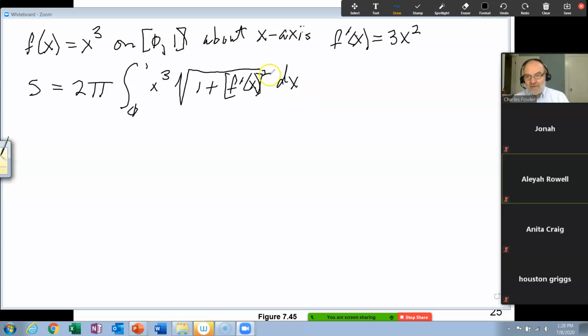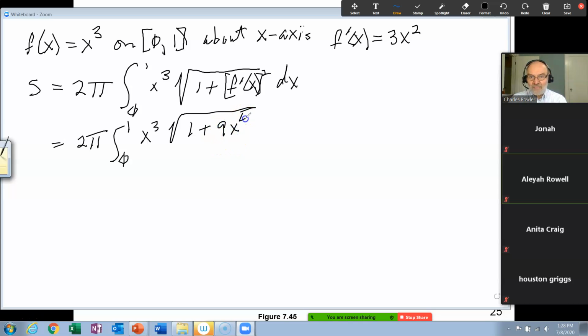Okay, so let's go back, plug that in. 2 pi times the integral from 0 to 1, x cubed times the square root of 1 plus, and 3x squared would be 9x to the 4th, right? Times dx. All right. Now, this works out far nicer.